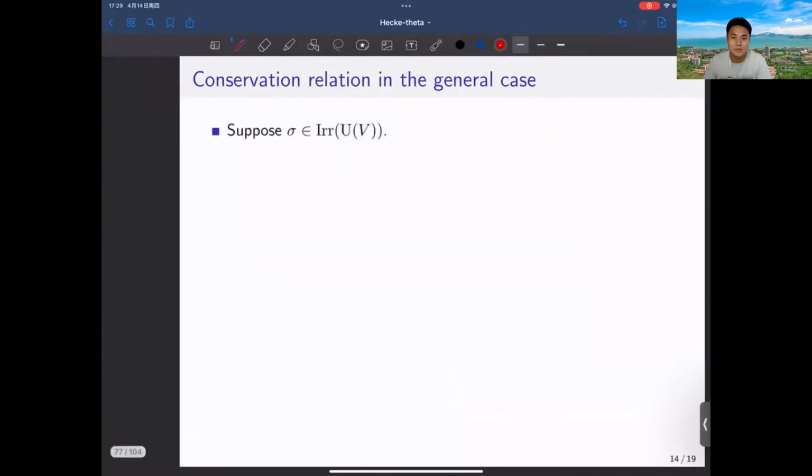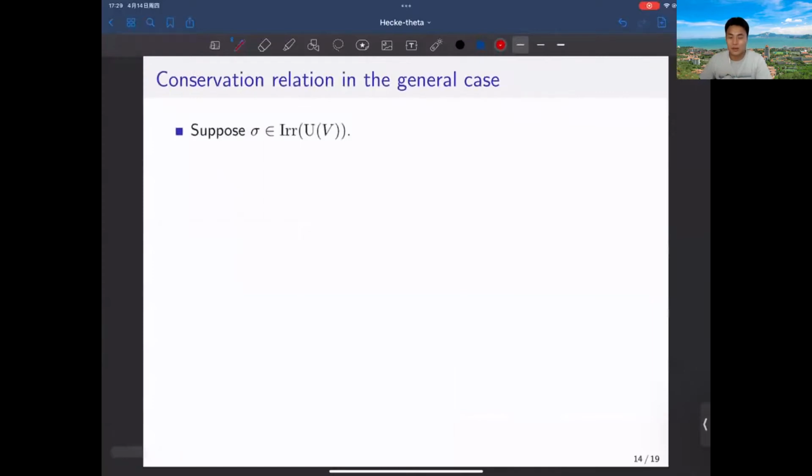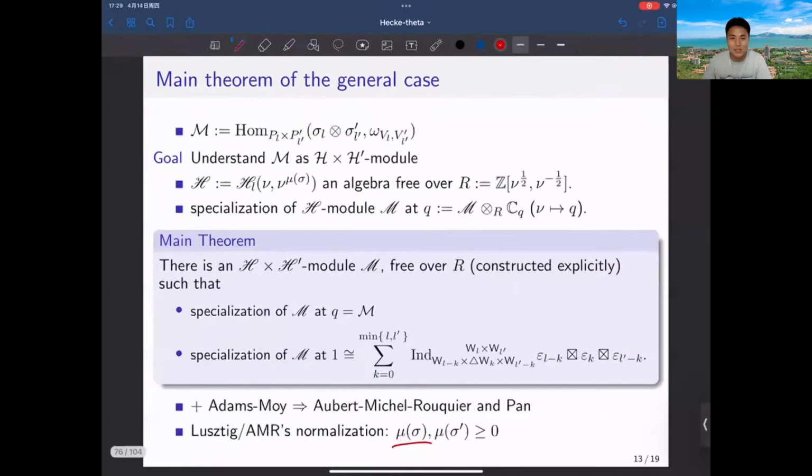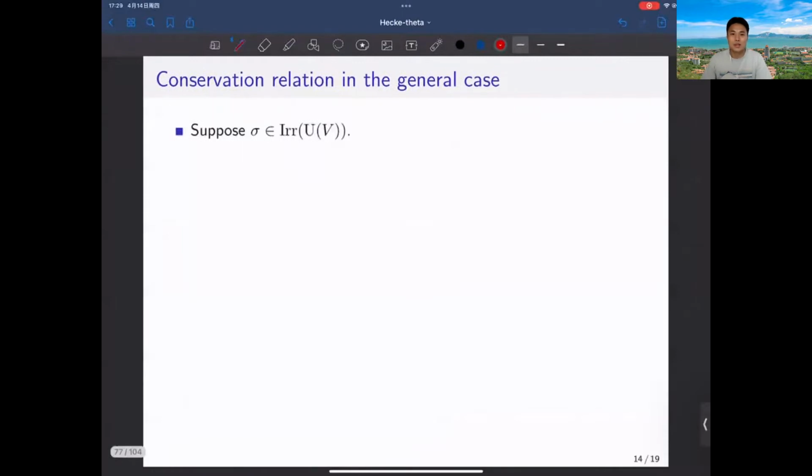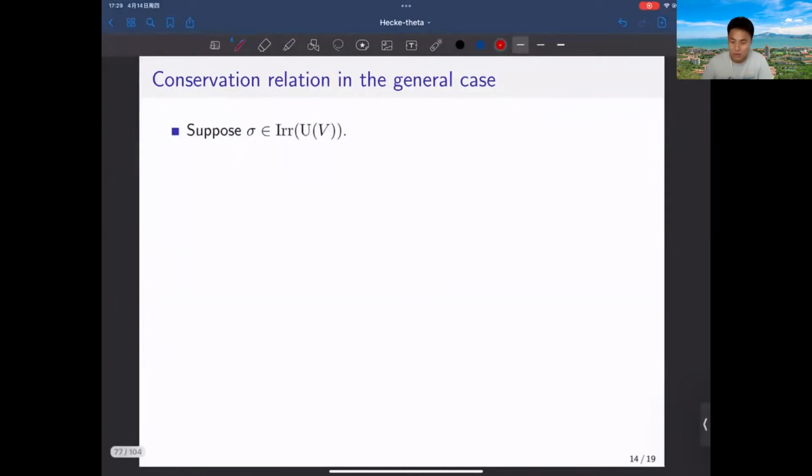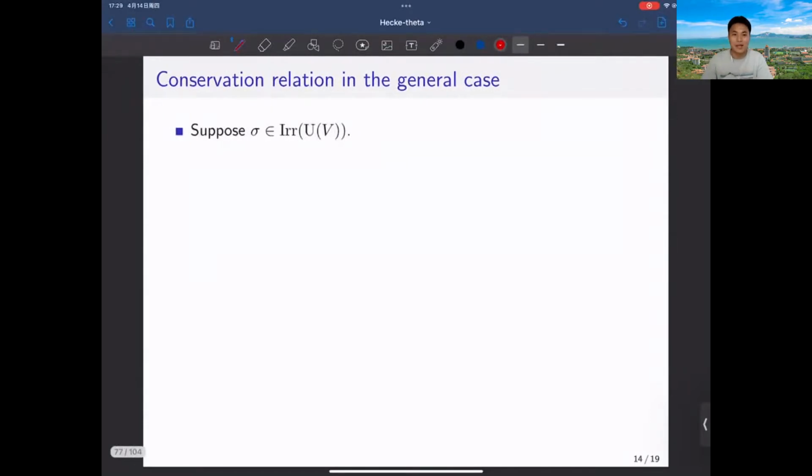Okay, so the main theory actually leads to a stronger form of the conservation relation, which tells you, in general, if we take any representation sigma, we can define an integer which is basically a maximal L, such that this sigma occurs in JL sigma prime for certain smaller sigma.